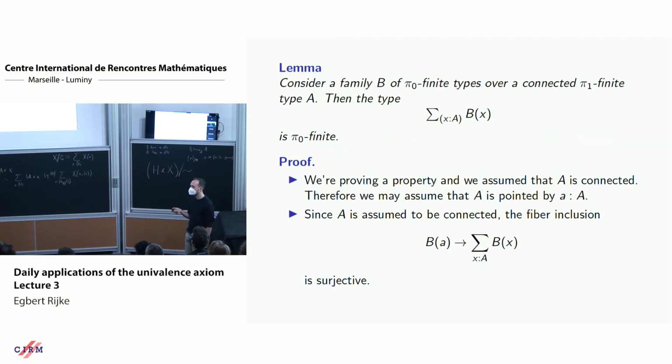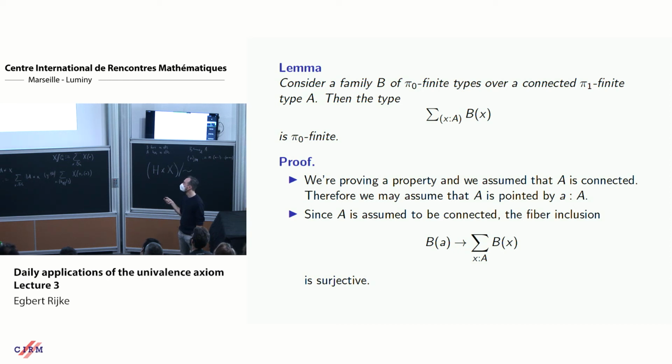But much more complicated is the version for sigma. So I'm first gonna prove a simpler case. If B is a family of pi 0 finite types, so each B of x has finitely many connected components, and it's a family over a connected pi 1 finite type, so it's a connected type, and the fundamental group is finite.